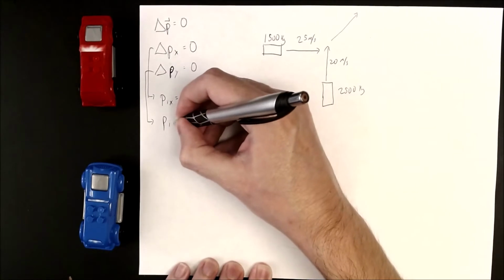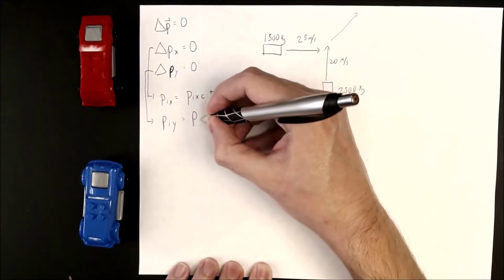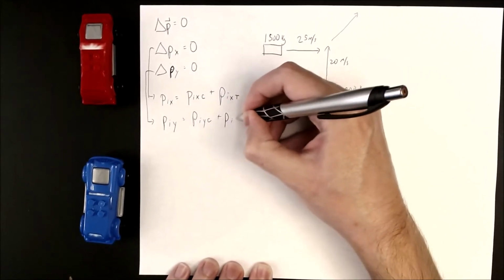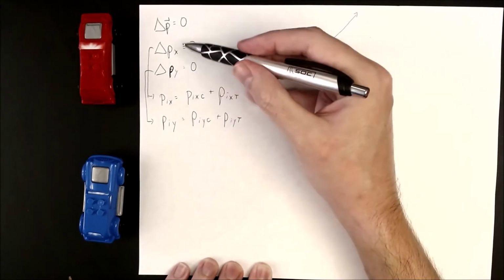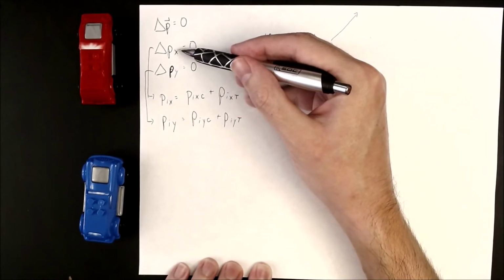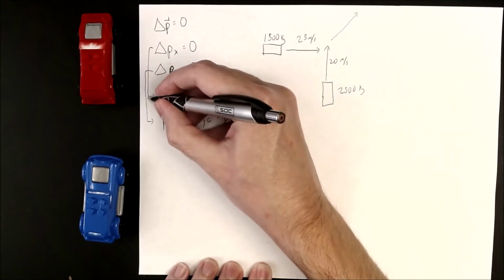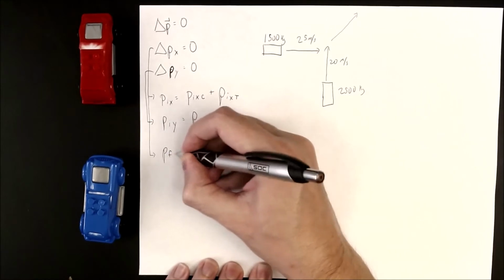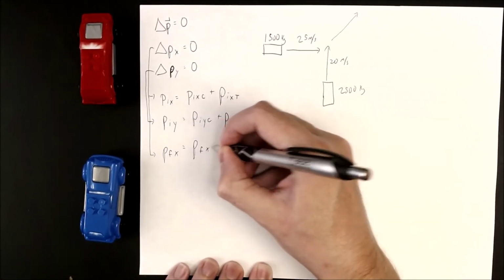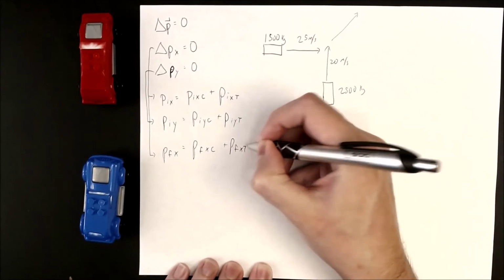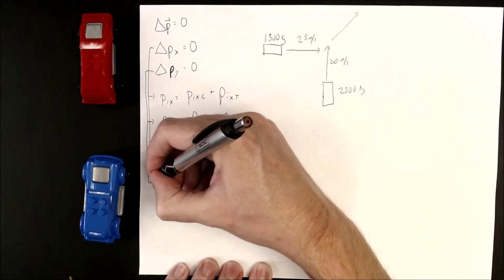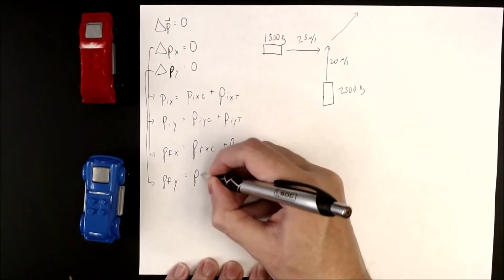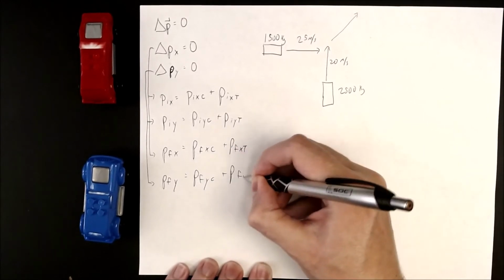Momentum initial in y is the momentum initial y car plus momentum initial y truck, and we should also be looking for final momenta, so this is going to have a second equation. Momentum final x is equal to momentum final x car plus momentum final x truck, and this one will also have a second equation. Momentum final y is equal to momentum final y car plus momentum final y truck.